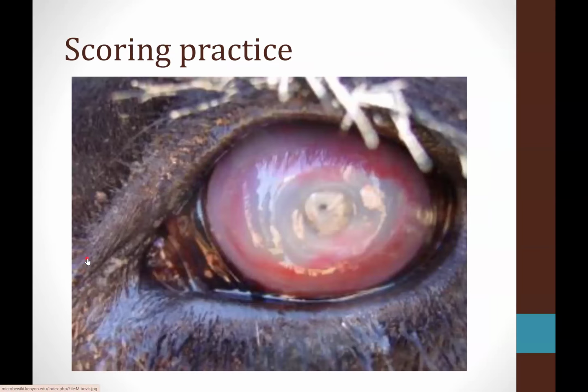Okay, so let's try to practice with the scoring, no? So earlier we said there are 4 stages, 1, 2, 3, 4. Based on that discussion, can you tell me what do you think is the stage that this eye is in? Is it stage 1, 2, 3, 4? What do you think?